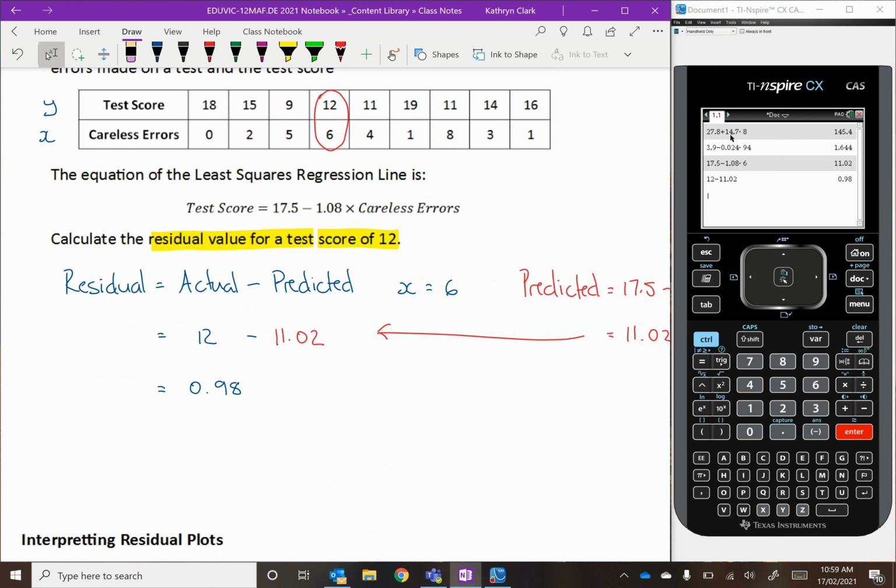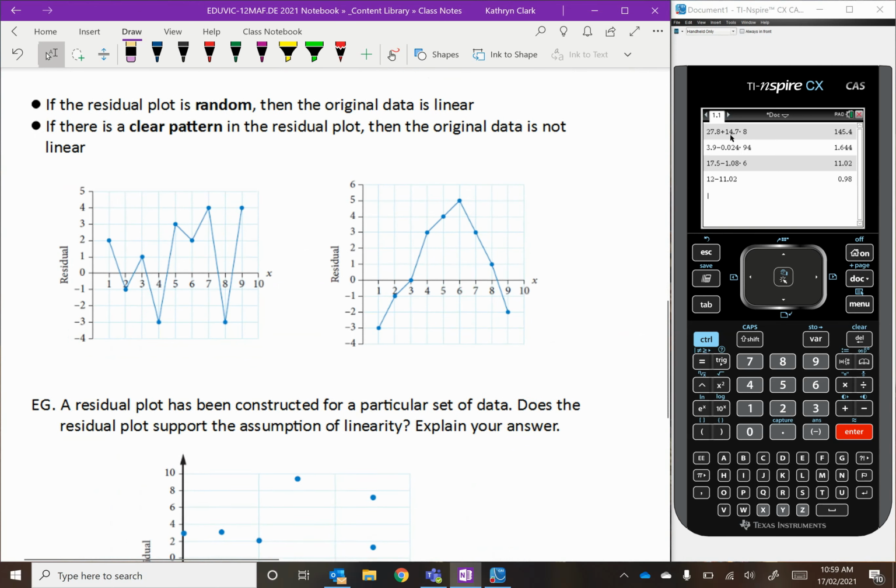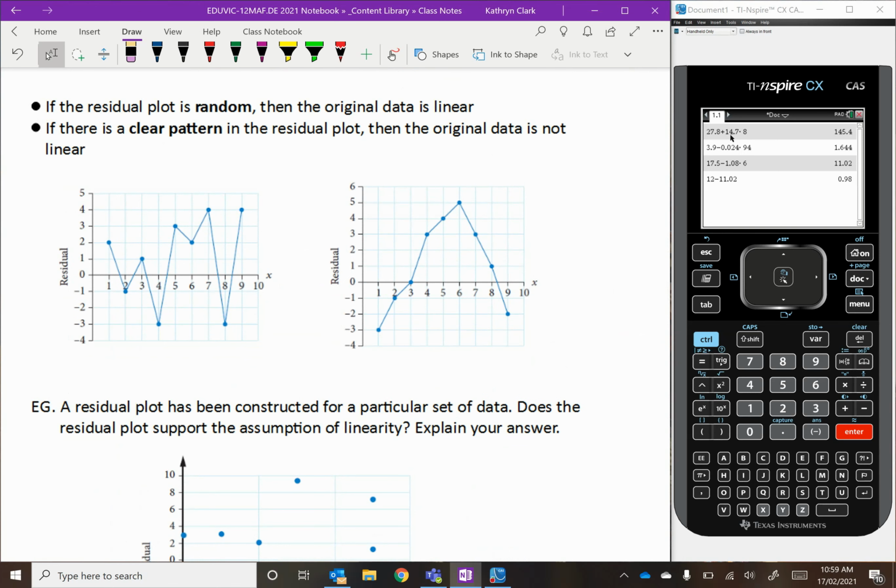And you can do this by hand, but we're actually going to have a look in tomorrow's class at how we can do this using our calculator. But for now, let's say that these residual plots are constructed for us.